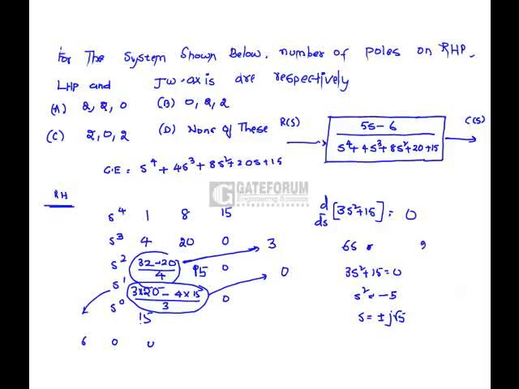The order of the equation is 4, so there must be 4 poles. Out of the 4 poles, there are no poles on the RHP and 2 poles on the j omega axis, which means 0, 2, 2. Hence option B is correct.